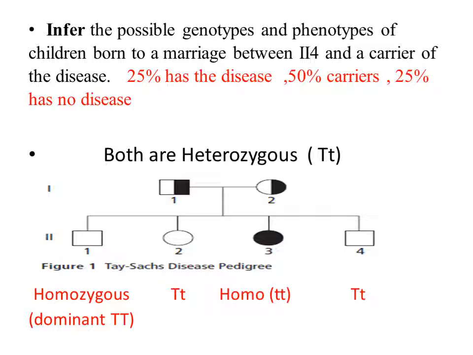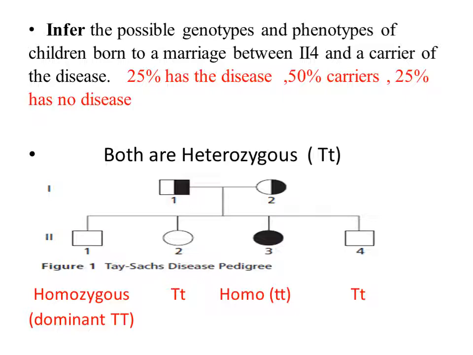Here, this pedigree shows Tay-Sachs disease. And the question says, what are the possible genotypes and phenotypes of children born to a marriage between member 4 in generation 2 and a carrier of the disease?